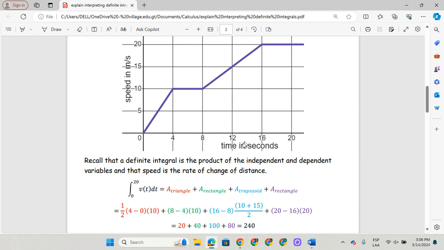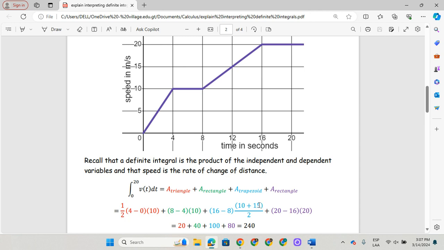To calculate the definite integral, the area of the triangle: the base is 4, the height is 10, so 1/2 of 4 minus 0, that's the base, 4 times 10. Then the area of the rectangle, the base is 8 minus 4, and the height is 10. We multiply them. Then the area of this trapezoid, the base is 16 minus 8, and the average height, yeah, it's 15. Yep, I think I made a mistake here.